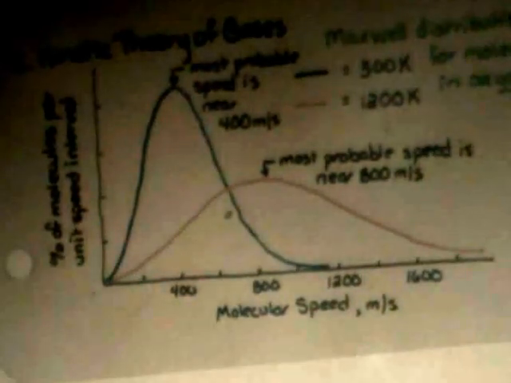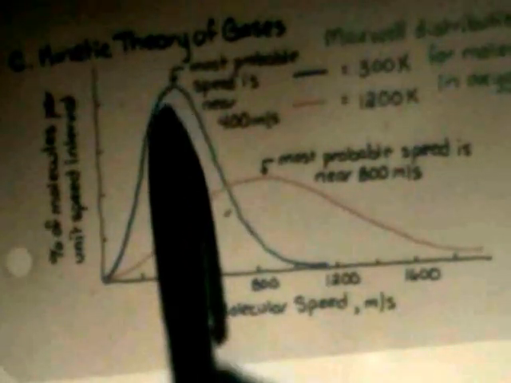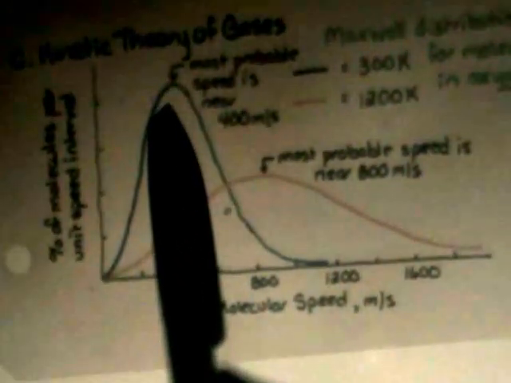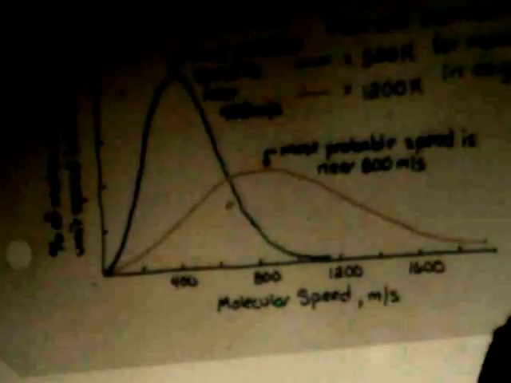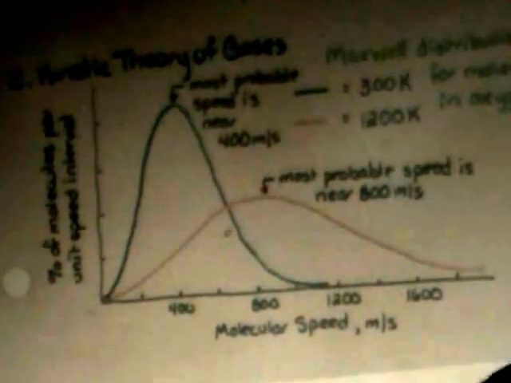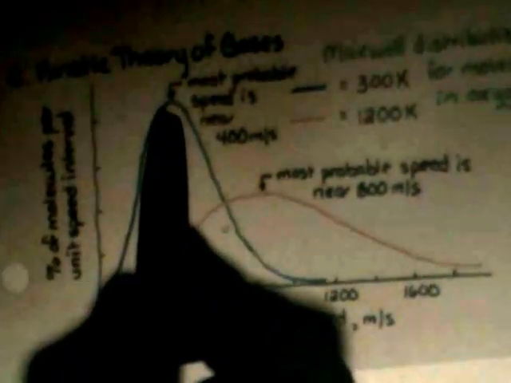The very top arrow, the arrow right in the crest of that curve, is your most probable velocity. The highest percentage of particles are moving at this speed. For 300 Kelvin, it says on this graph that it's about 400 meters per second. That's the most probable speed.